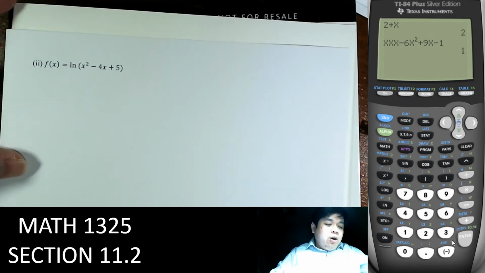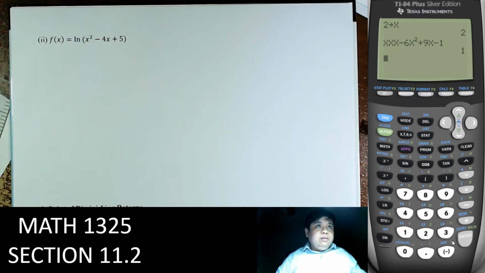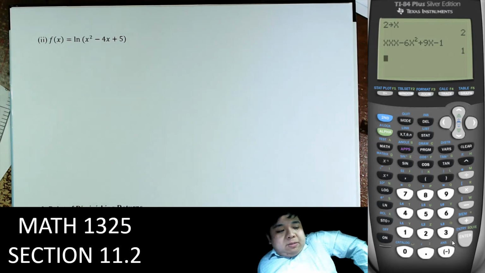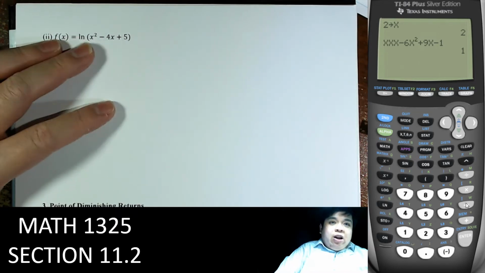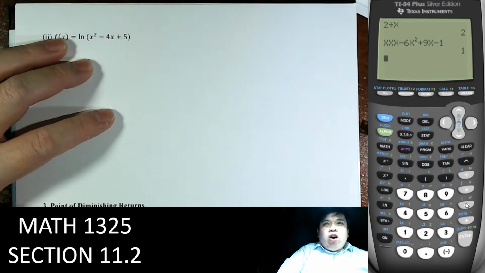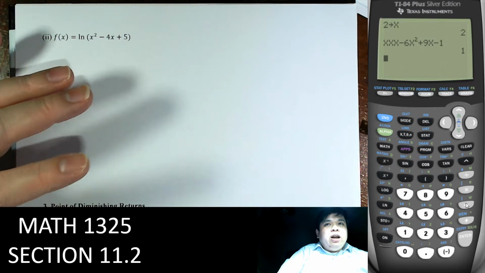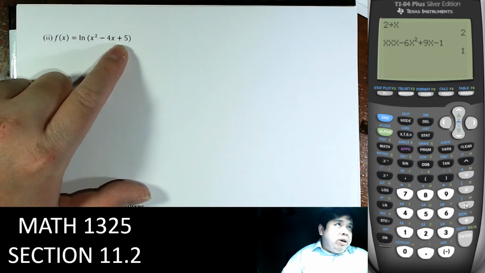Right, next, also find the inflection point for this function. Now remember we talk about ln of something. If we put a negative number or 0 in here, it will be undefined.